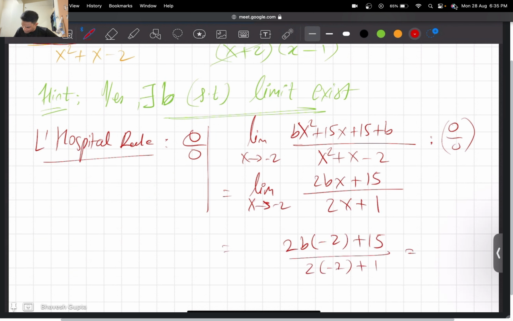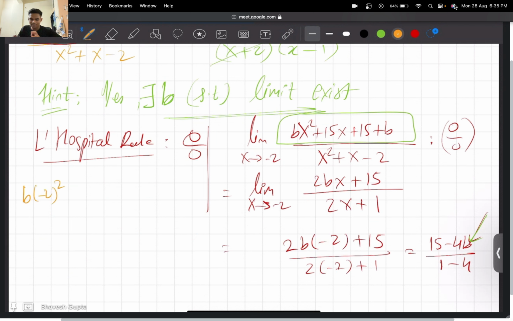Now the answer is 15 minus 4b over 1 minus 4. But you just need the value of b, right? So how can you find the value of b? The moment you know the value of b, you also know the value of the limit. But in this process I assumed my numerator turns out to be 0 when I substitute x equal to minus 2. So I will substitute that and check.